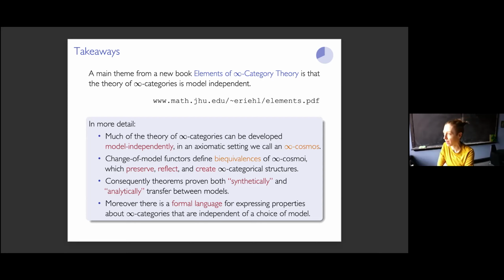I'm trying to keep the technical level of this talk down a bit, so I'm not going to address this in detail, but I guess this is related to the formal language that will appear on the very last slide. The real framework where we develop the full formal category theory of infinity one categories is not merely an infinity two category. It's something called a virtual equipment.